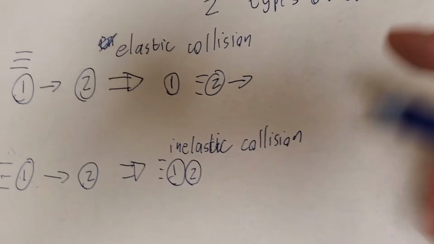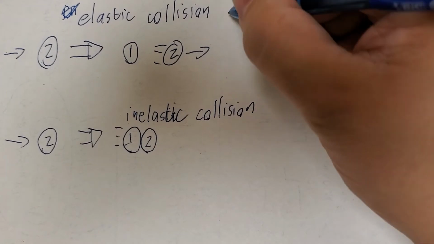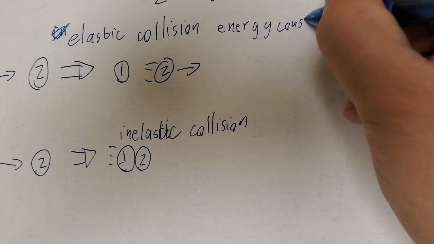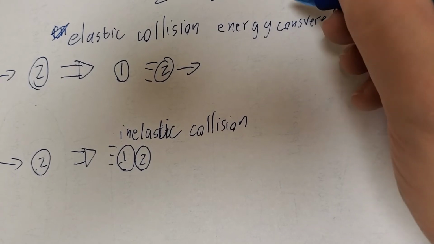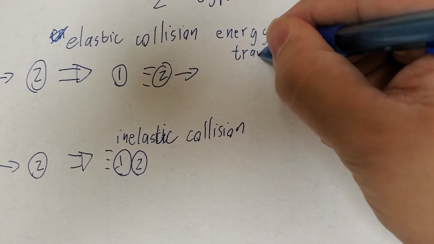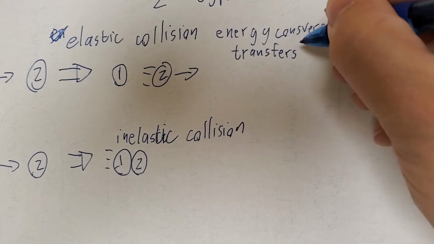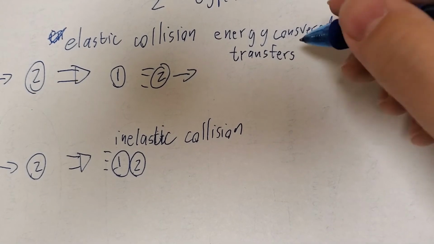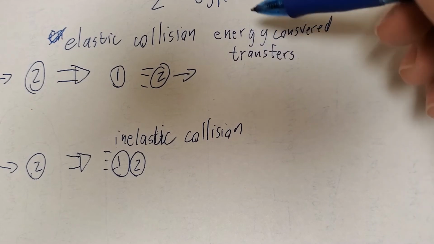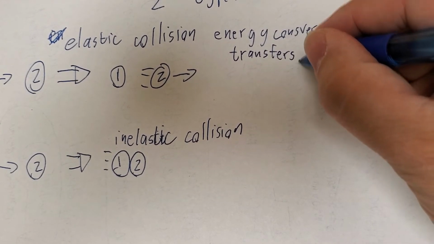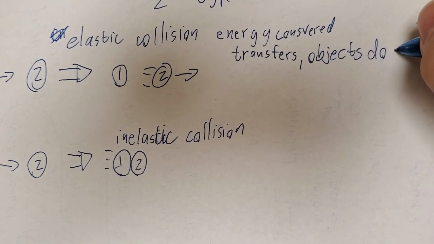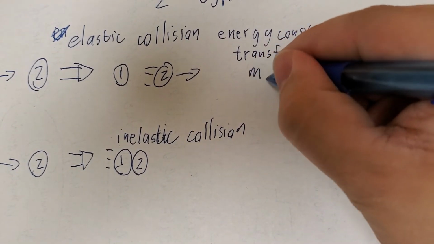Okay, so again, in this one here, as always, energy is conserved. Okay, and kinetic energy transfers. It transfers, but the kinetic energy itself isn't going to be transforming, okay? But so the energy transfers, and then objects do not move together.